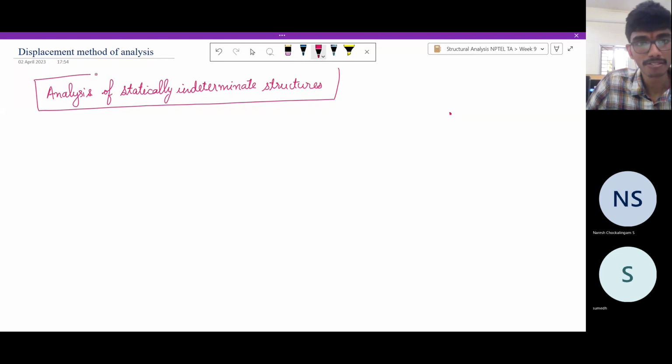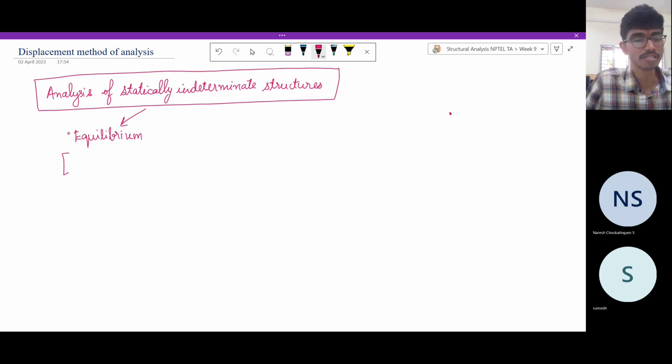So the three key concepts that are involved in the analysis of statically indeterminate structures are: one is the equilibrium equations. Another way to say that the solution that we get satisfies the equilibrium conditions is that it is statically admissible.